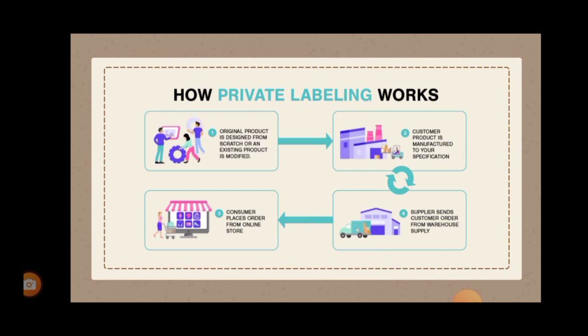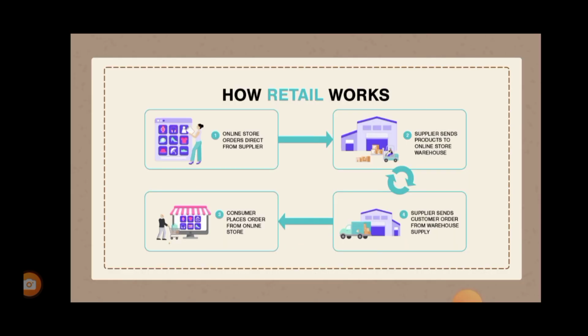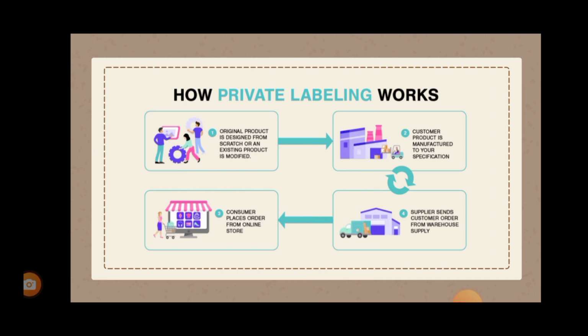Supplier sends customer order from warehouse supplies. And then from the warehouse, the consumer places order from the online store. So, it is the same as what happens in wholesaling. But the difference between private labeling and wholesaling is that there is a specific design of the products ordered by the customer.